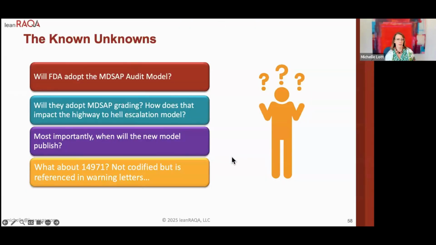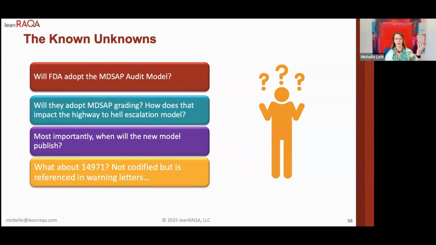So I'm going to try to go through this fairly fast because we have about 5 minutes left. But will the FDA adopt the MDSAP audit model? Don't know. They're going to have to republish MDSAP either way. I can't imagine that the FDA is not going to adopt it, but we still have a lot of trickle down things about the ecosystem after they adopt that, about what it means.